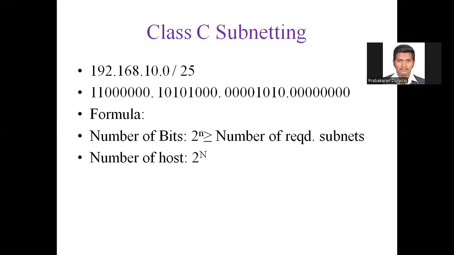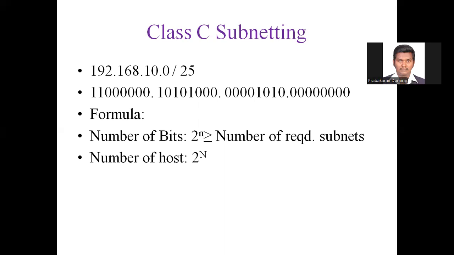For this IP address 192.168.10.0, which is a class C address, how many hosts will we have? We will have 255 hosts. But unfortunately, we might not have that many systems.